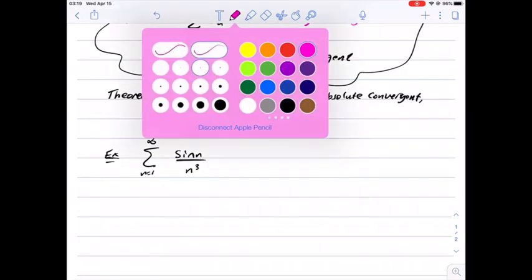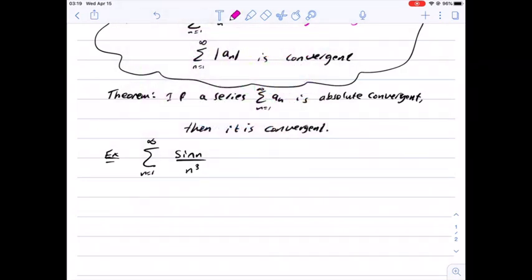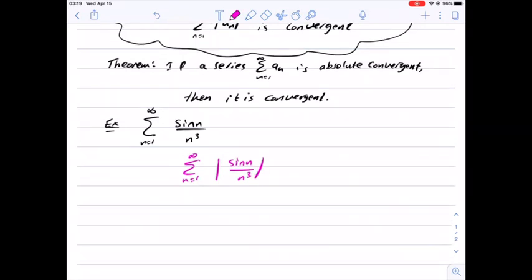So in this case we take the absolute value of the terms. So we have the series from n=1 to infinity of the absolute value of sine n over n cubed, and then we study the convergence of the series because all terms here are positive.